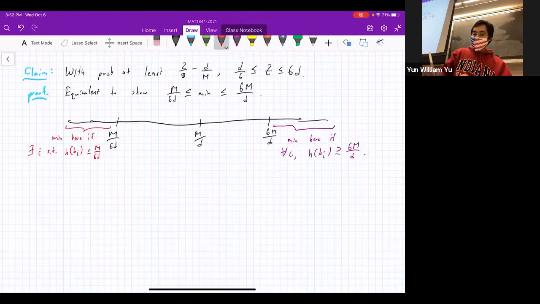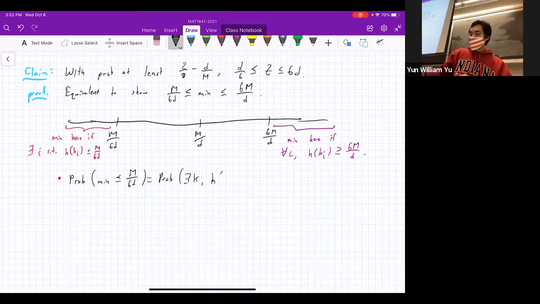So let's first do the left-hand side. So the probability that the min is less than or equal to m over 6d is equal to the probability that there exists some k, h of b sub k is less than m over 6d, because it's a minimum, so you only need one of them to be smaller.